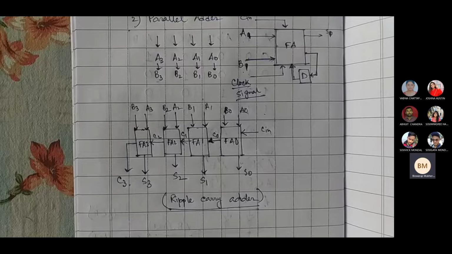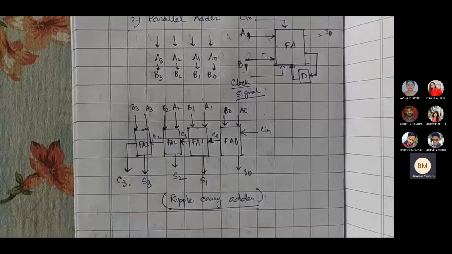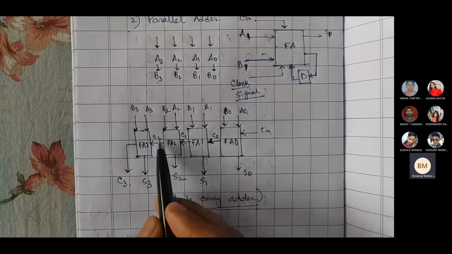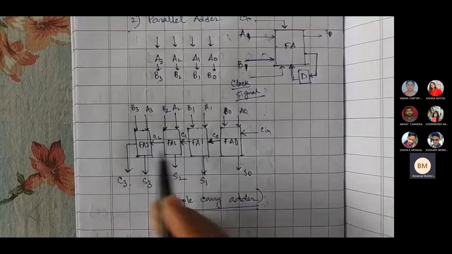You cannot get it as fast as for the 4-bit or 3-bit case. You have to wait for that particular time period to generate this carry. And the most important thing is that the delay is just for this reason: C0 followed by C1 followed by C2 followed by C3 and so on.